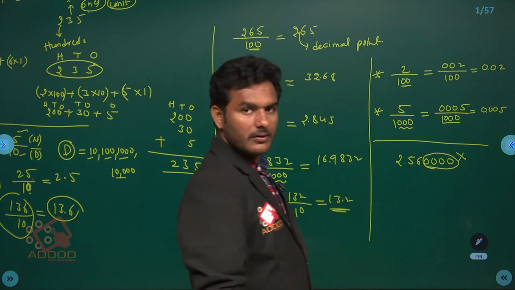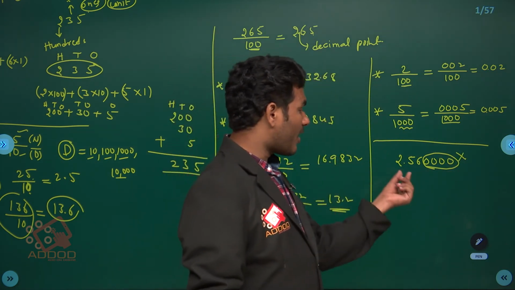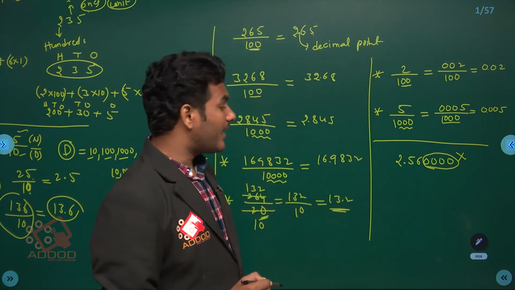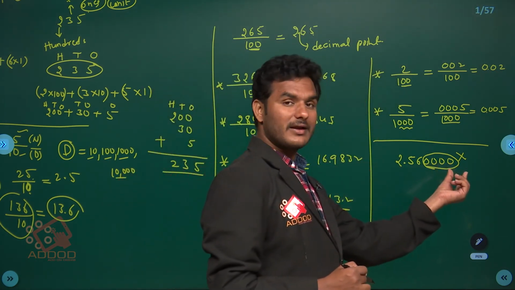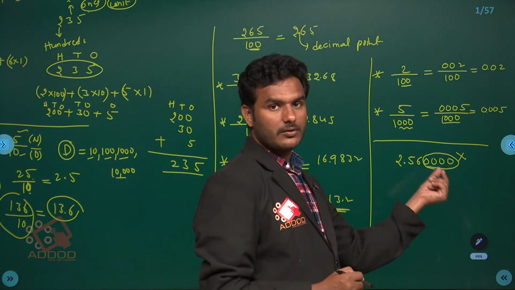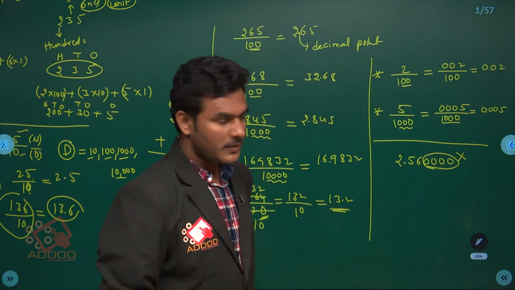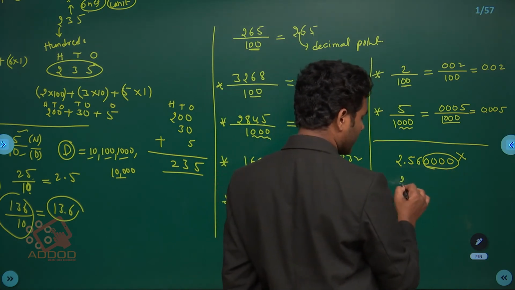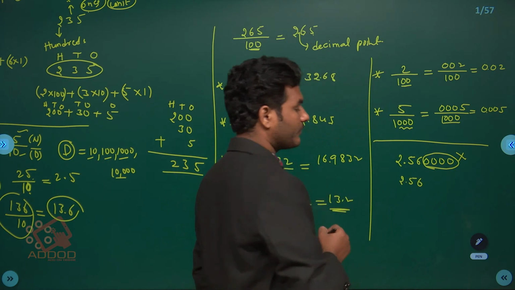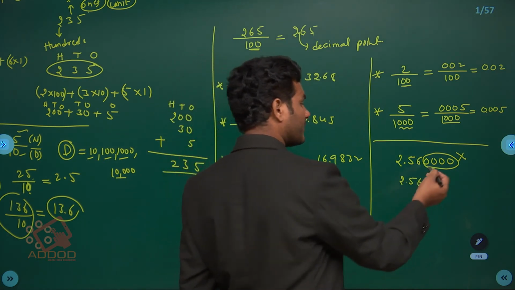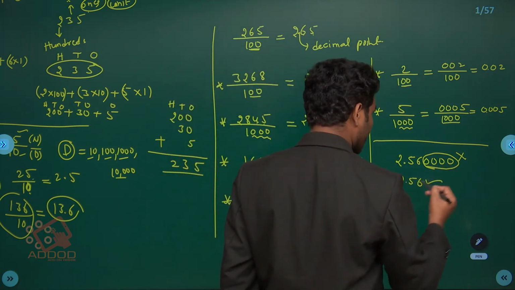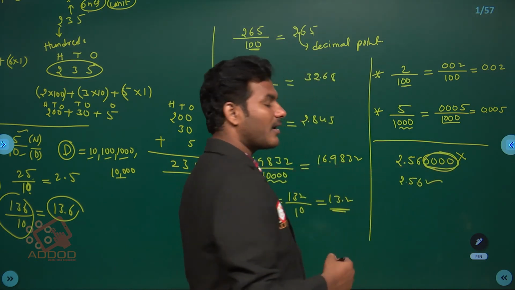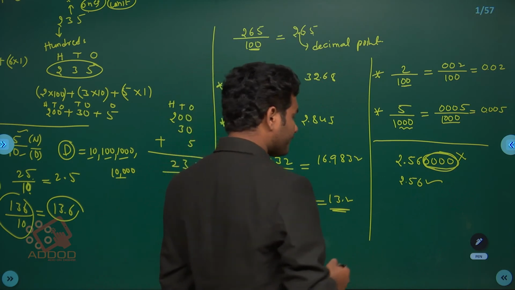After the decimal point, if the end of the digits are zeros on the right side, there is no value for them. So directly you can consider 2.56 only. You need not write these zeros. So this is the correct one. Whenever you have like this, you need not consider these zeros, because they do not have any value.